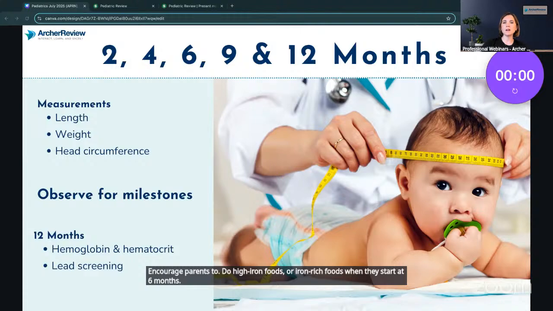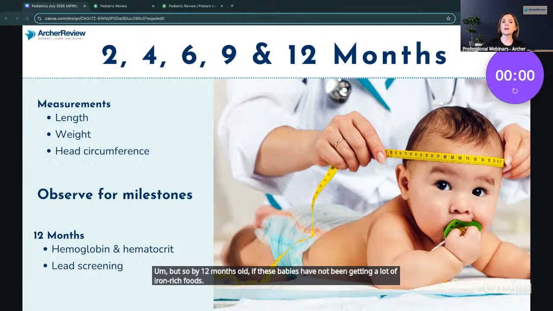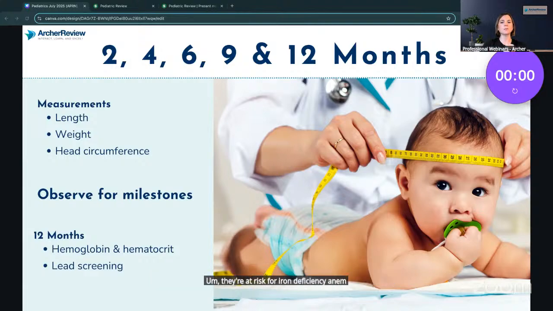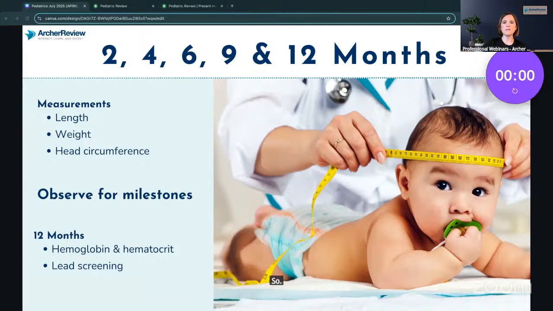Breastfeeding infants are at higher risk just because there's really not a lot of iron in breast milk. By 12 months old, if these babies have not been getting a lot of iron-rich foods, they're at risk for iron deficiency anemia. Sometimes kids will also switch to whole milk too early or drink a lot more whole milk than they need to, and that can put them at risk for anemia as well. So we check all of that.